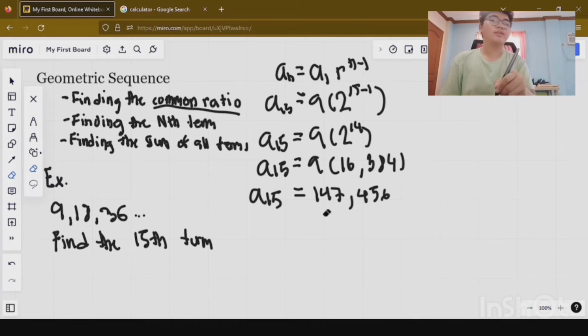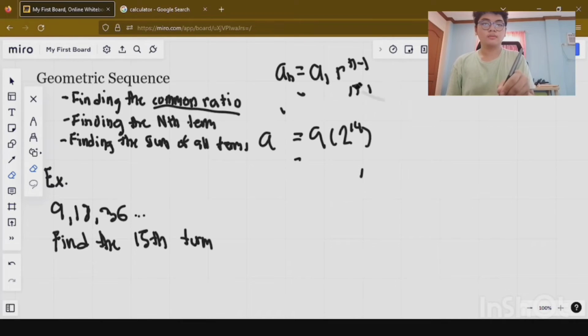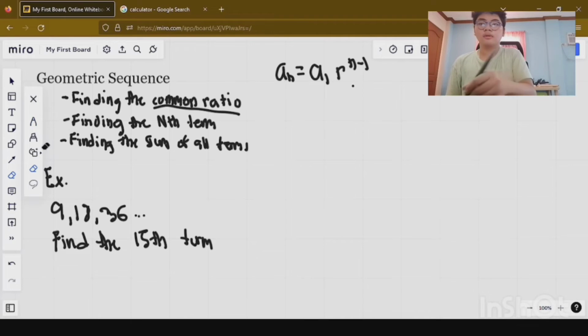Copy this for reference, by the way. Underline this, okay?